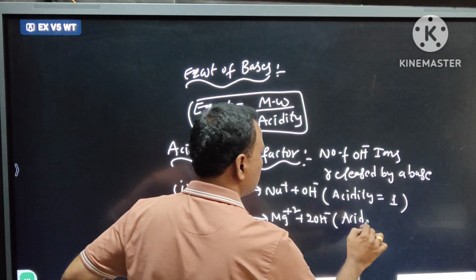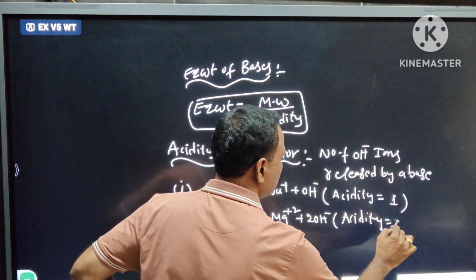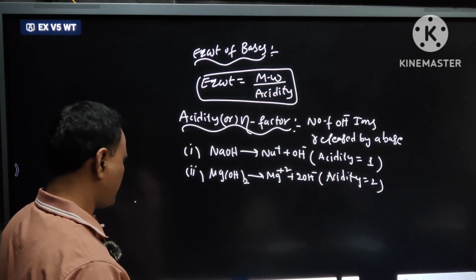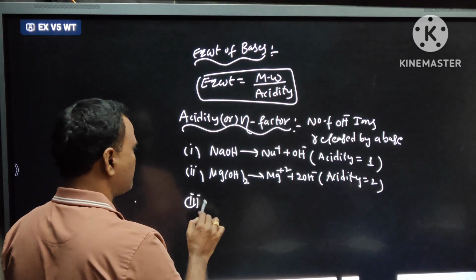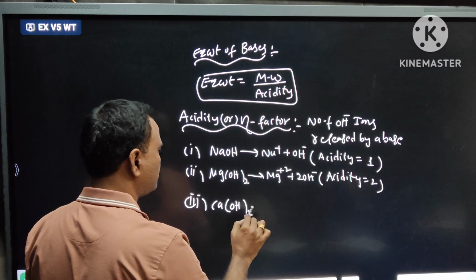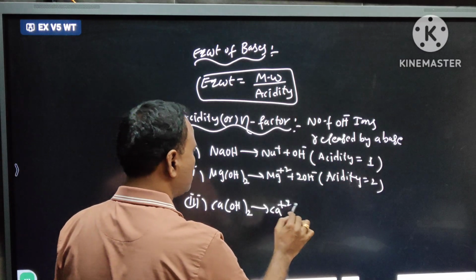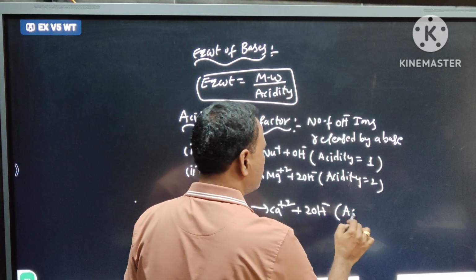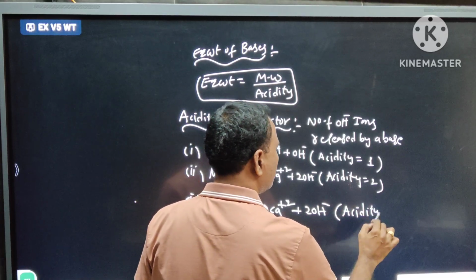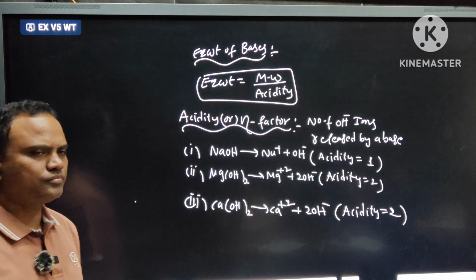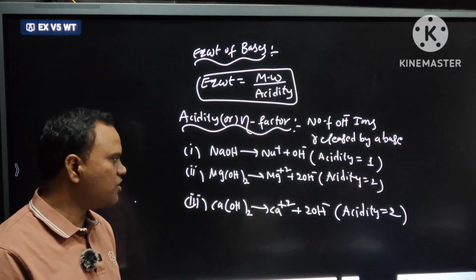Acidity is equal to 2. Calcium hydroxide: Ca plus 2 plus 2 OH minus. You learn these three. Three are important.